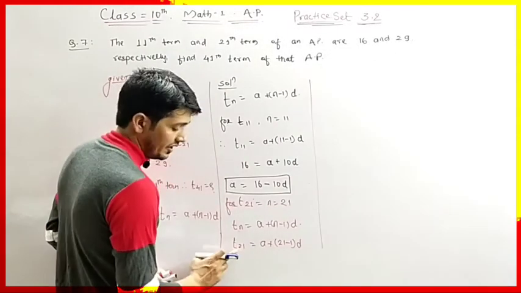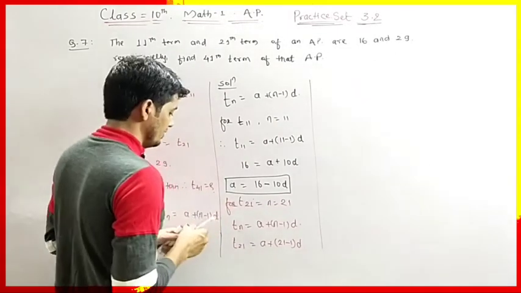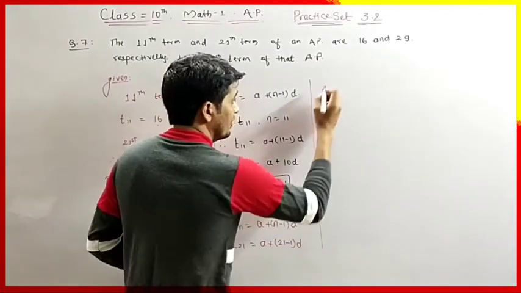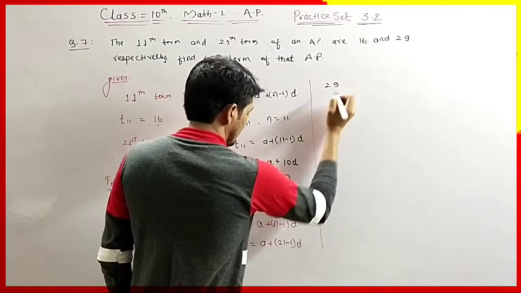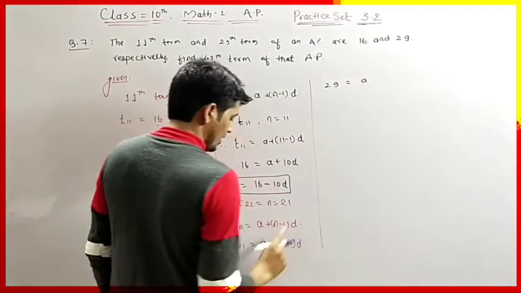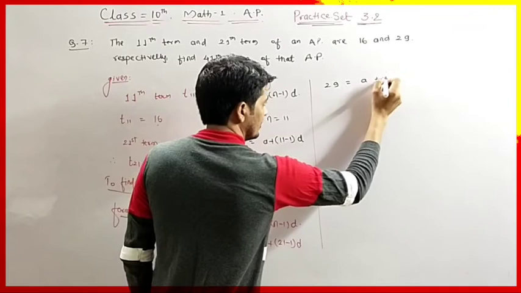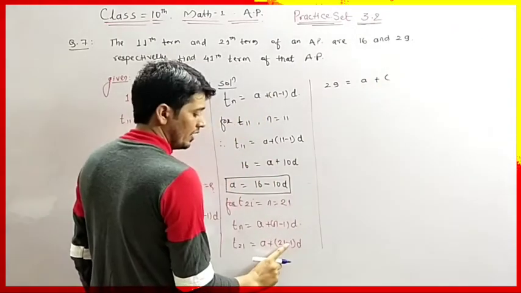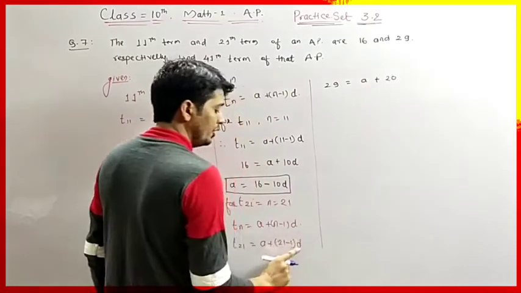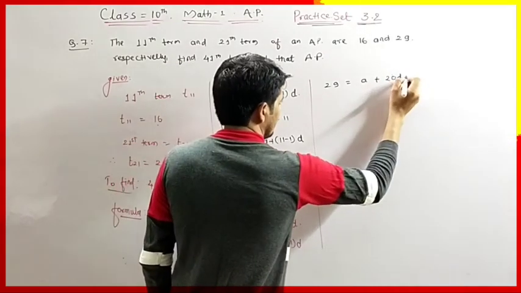Now T21 is given here, it is 29. So we write 29 equals a plus 21 minus 1, which is 20, so directly 20 into d is 20d.